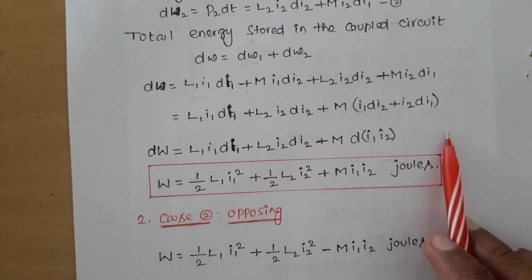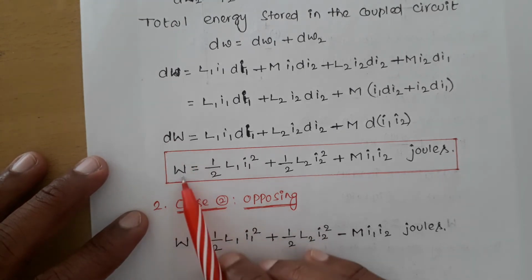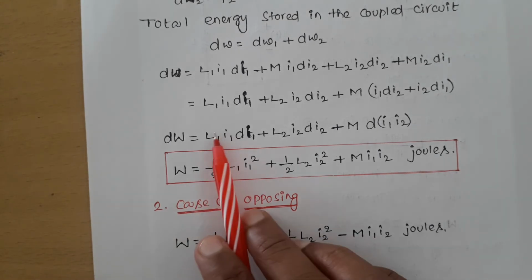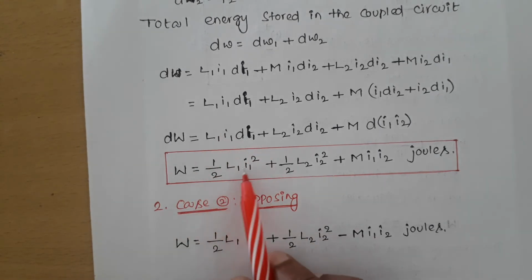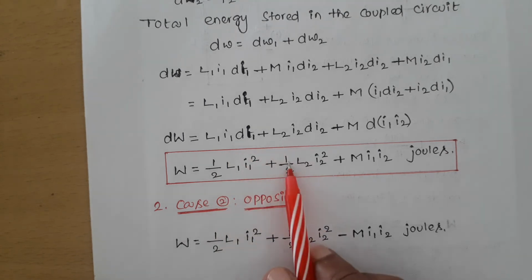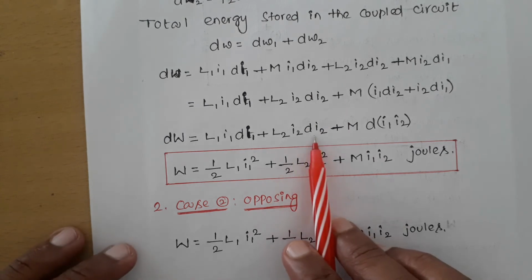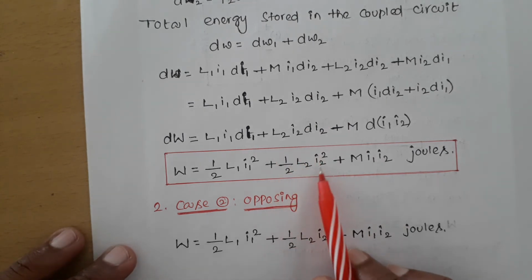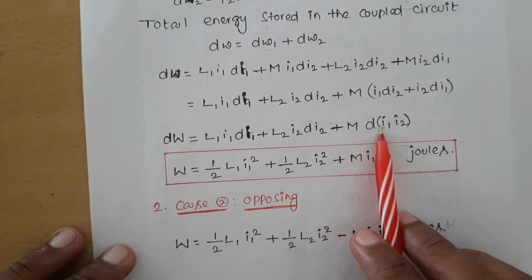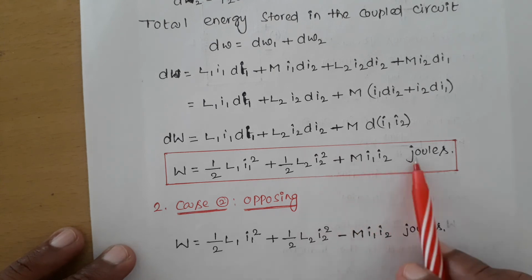Now integrating on both sides, the integration and differentiation cancel, so energy W is left over. W equal to half L1 i1 square, from the x dx form giving x square by 2, plus half L2 i2 square, plus M i1 i2 joules.